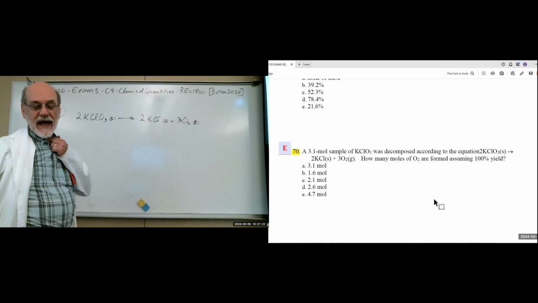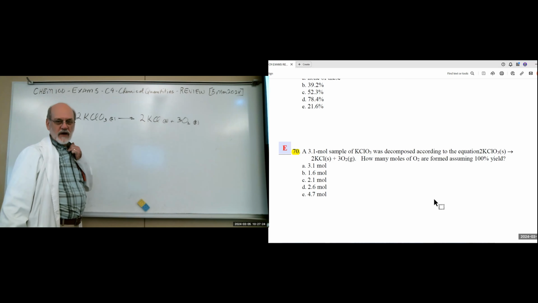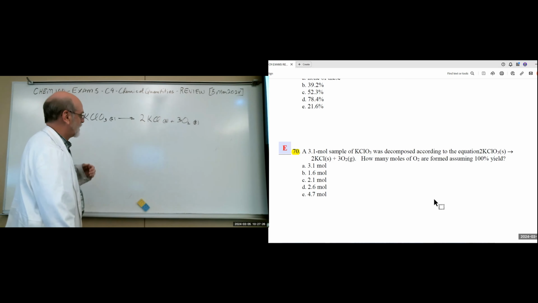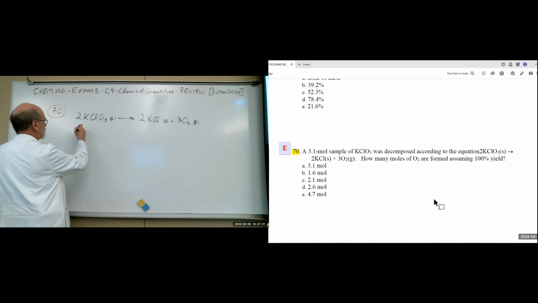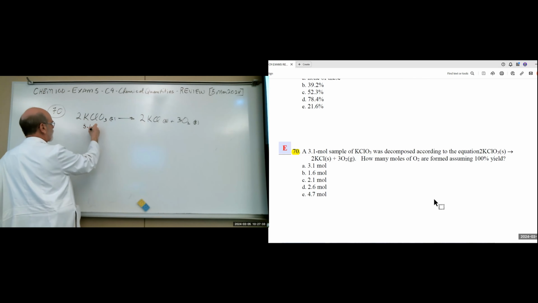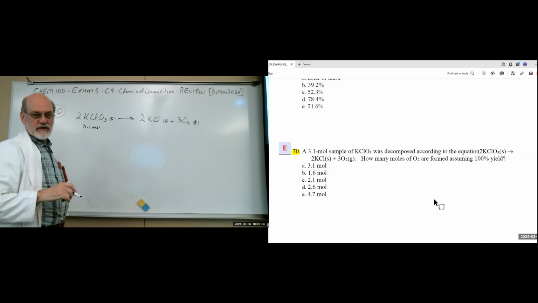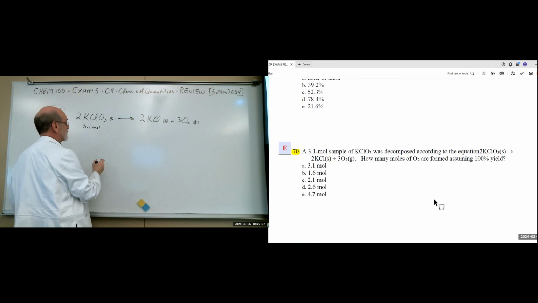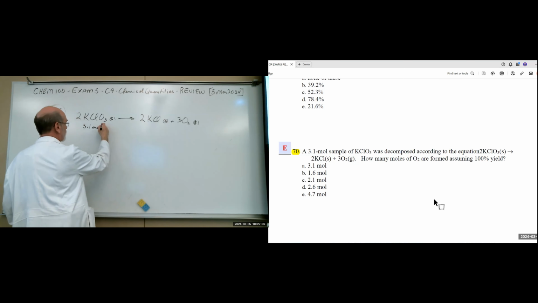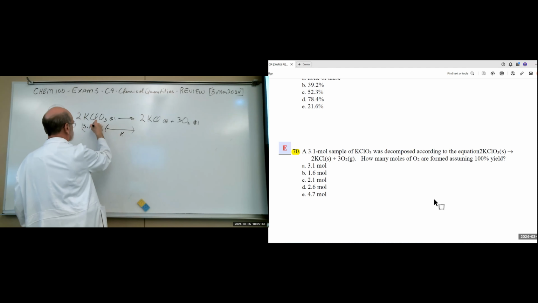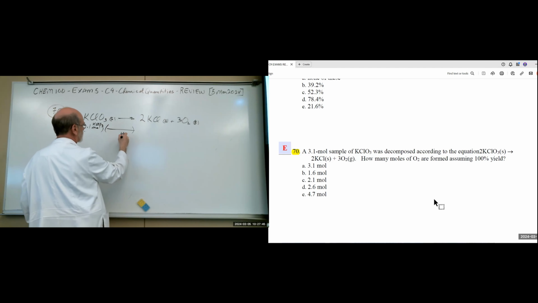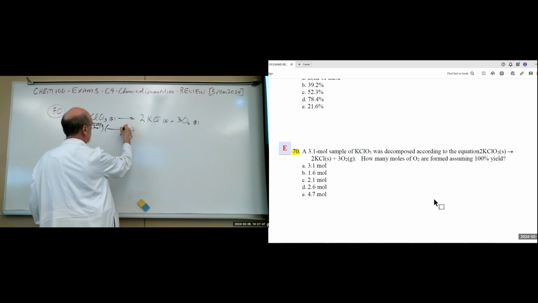Okay. How many moles of O2 are formed, assuming 100% yield? So we're starting with 3.1 moles here. And the question is, how many moles of oxygen? Well, actually, this one's easier than the others we've done. What we need is a ratio. This is KClO3 and oxygen.